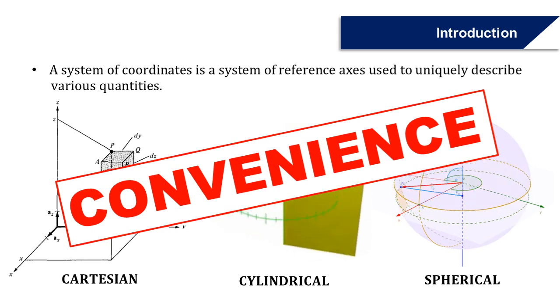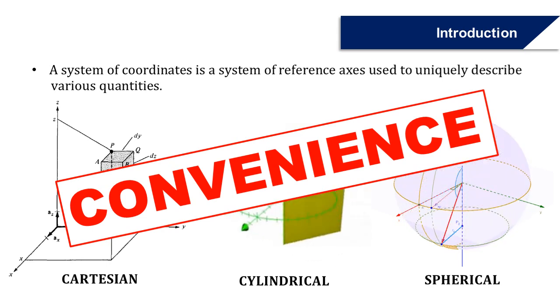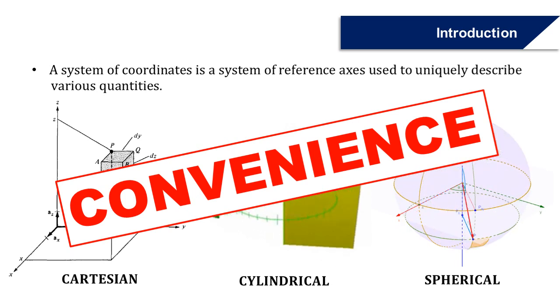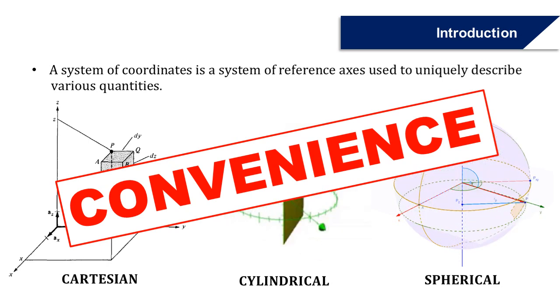Ika nga, para mas madali nating masolve yung mga specific vector analysis problems in this course. Okay? So, palaging yan ang rule natin kung bakit tayo gumagamit ng iba't ibang klase ng coordinate systems. Kung saan convenient at madaling ma-approach ang isang problem, doon tayo. Okay?